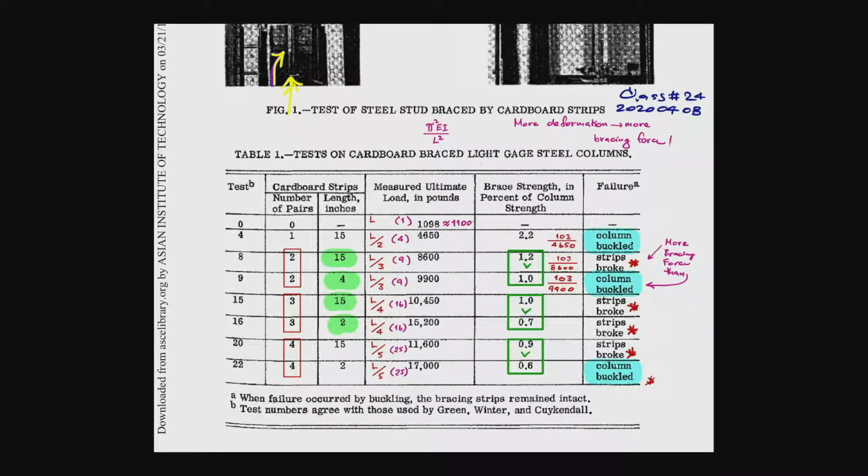So we want a framework to determine the appropriate brace design to achieve the capacity of the column and the beam.